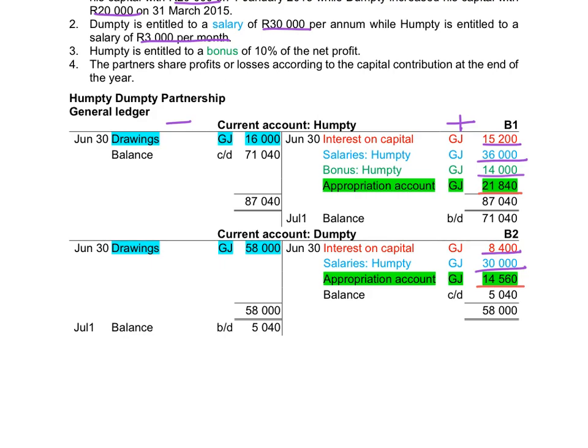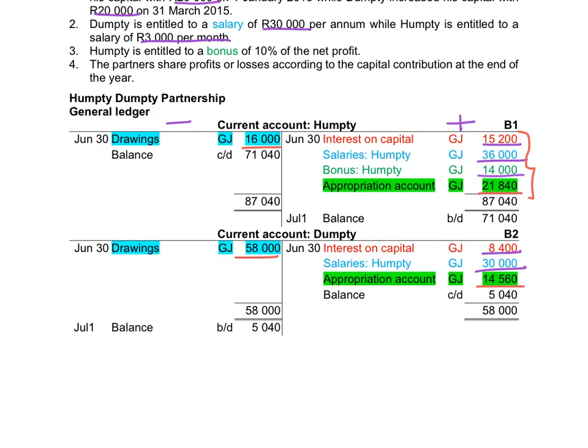Then we will also close the drawings account and debit the current account with the amount that the partners already collected. So on the credit side of the current account, we show all the amounts that the business owes to the partner. On the debit side, we deduct the drawings to indicate that some of this money was already received.